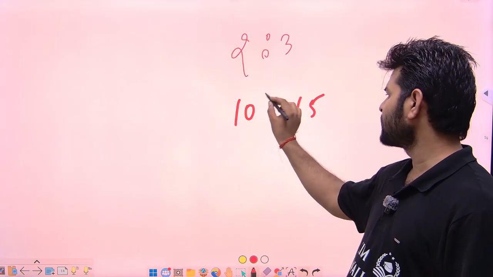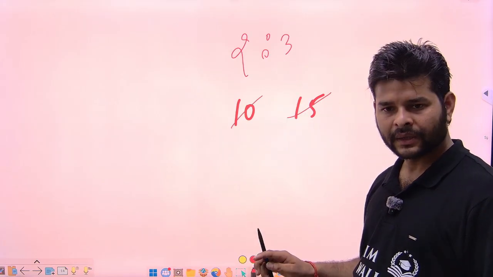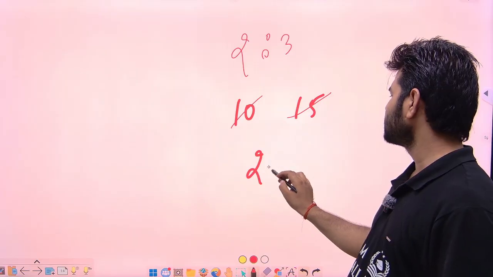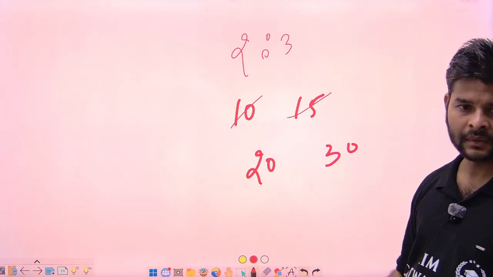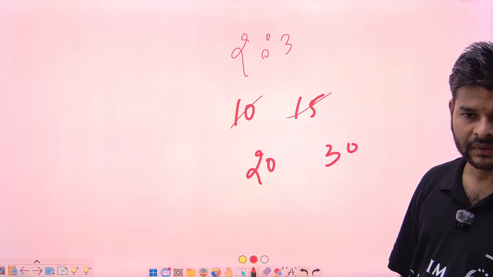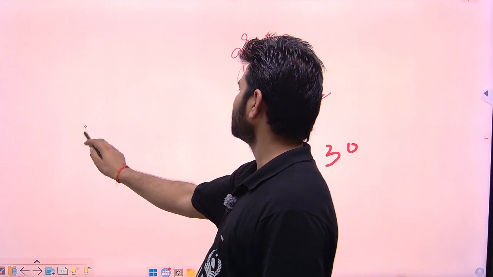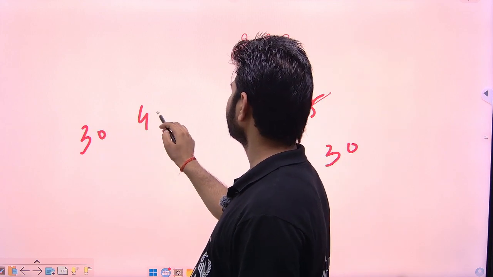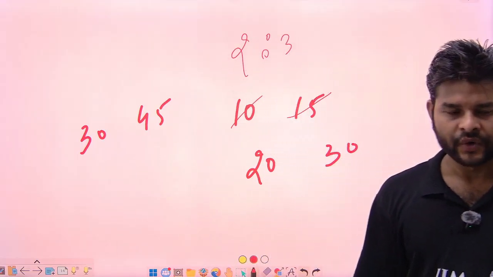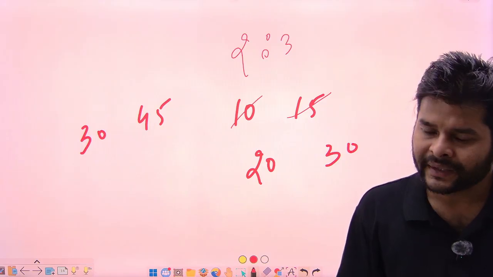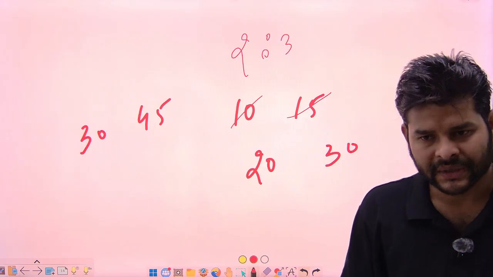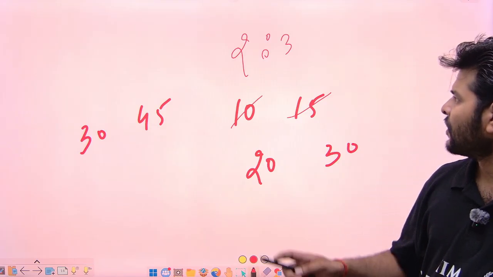If you simplify, you will get 2 by 3. These may be 20 and 30. Or these may be 30 and 45. So if we are given only the ratio, no one can find the original numbers.